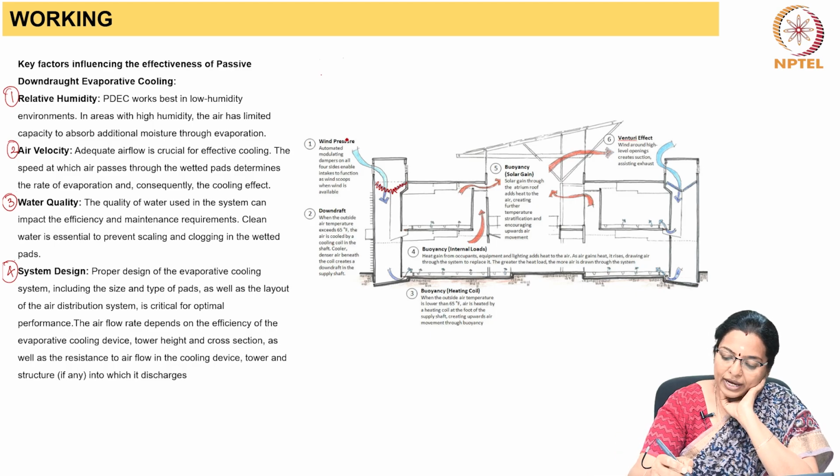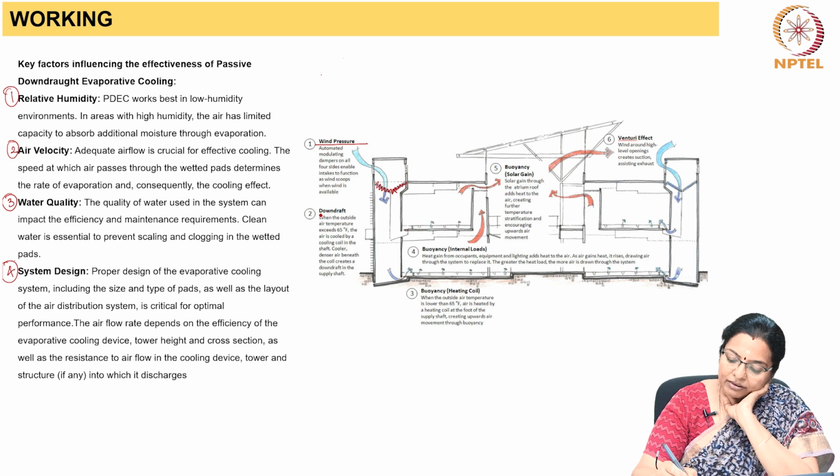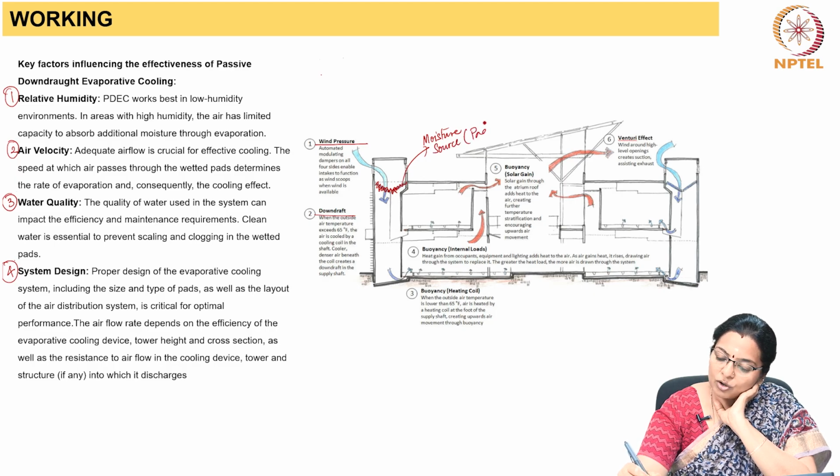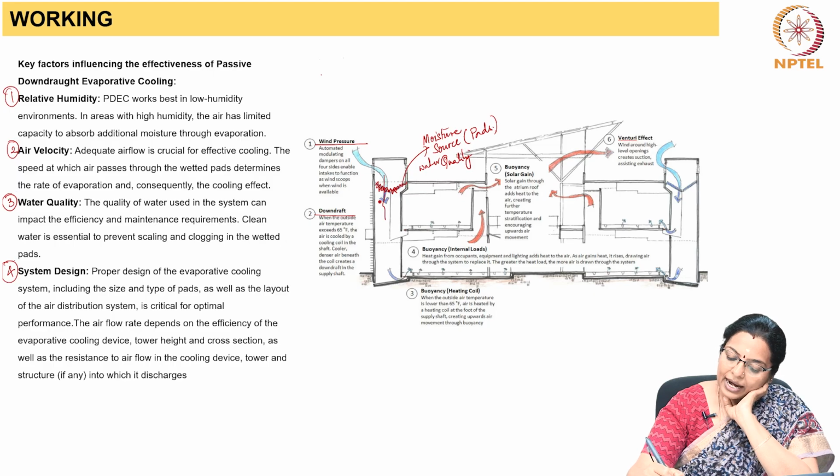So, you need to have adequate wind pressure, and you need to have a downdraft, which happens when you have absorption or moisture pads. I will say the moisture source could be pads or nozzles with good water quality, and the wind pressure based on that comes.